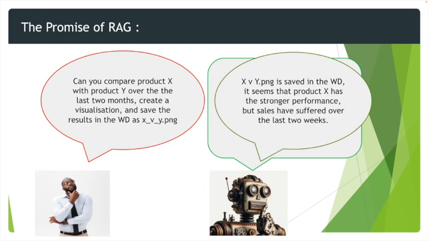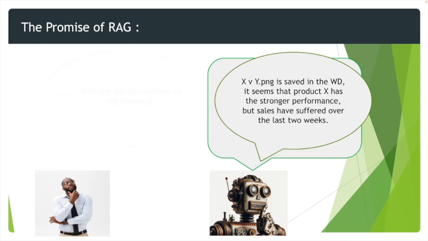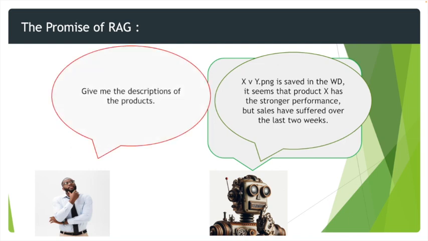So he saves this image in the working directory, gives some sort of analysis on what he's seen or what he's read. And the guy comes back, well, give me some descriptions of the product.